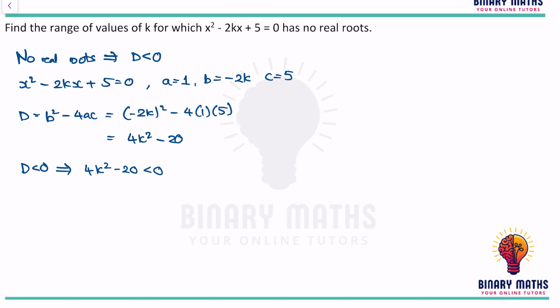Let's divide by 4, so we get k squared minus 5 must be less than 0. It's a quadratic, a difference of two squares, which means k plus root 5 and k minus root 5. Do a rough sketch.